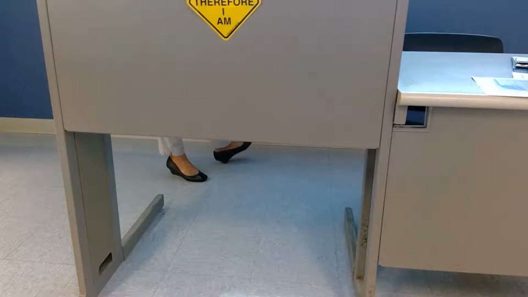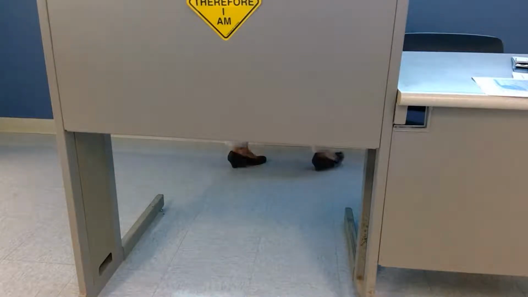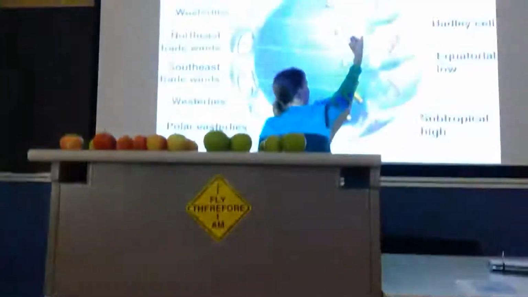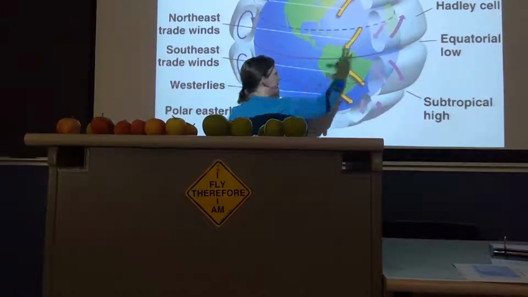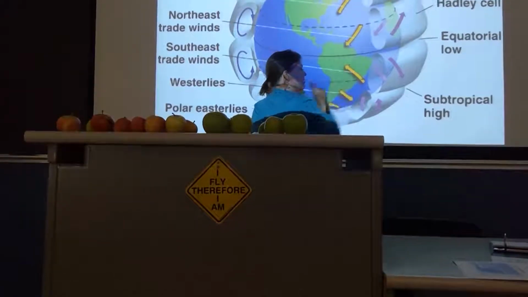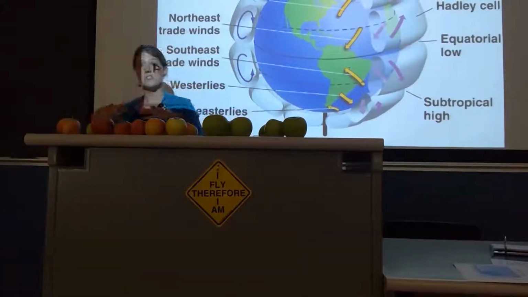What's kind of cool about these is that the returning wind pattern of the air coming back down, and the cold air from 30 degrees north and south flowing towards the equator, drags everything towards the equator, and you get this convergence.